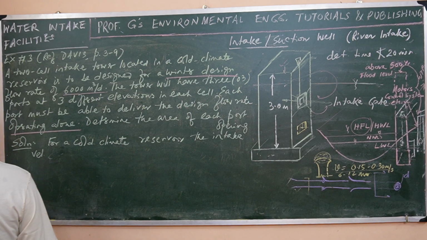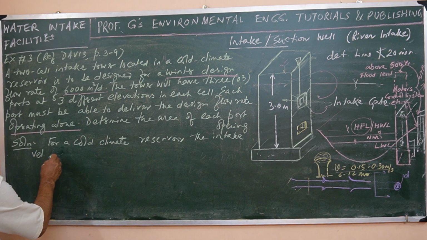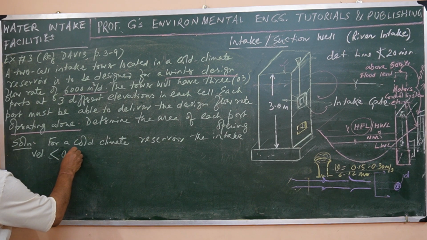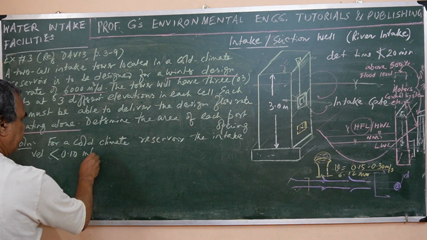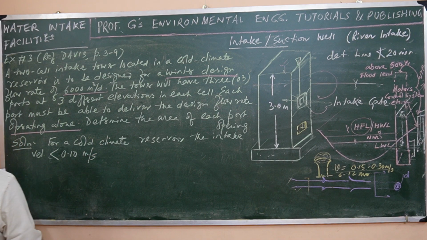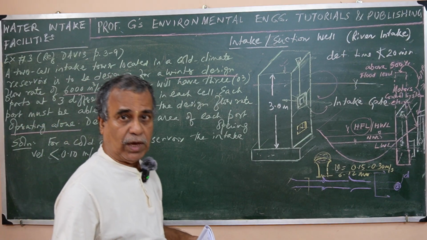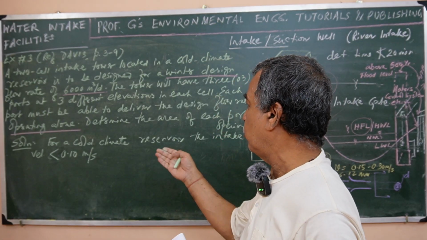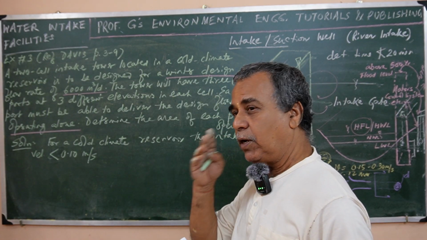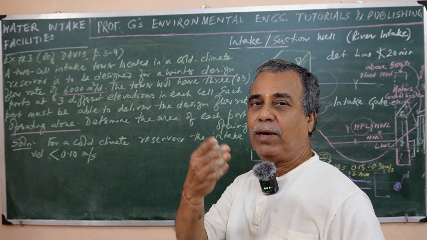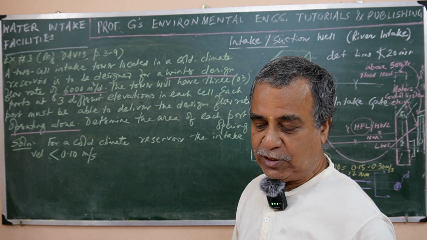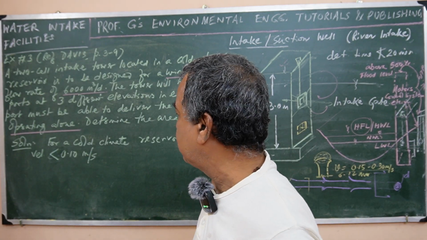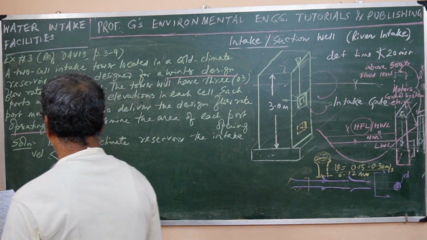It should be limited to less than a certain meter per second in a cold climate, to avoid ice build-up. Otherwise the ice will build up, because suction actually facilitates ice build-up. So the velocity must be less than 0.1 or so.